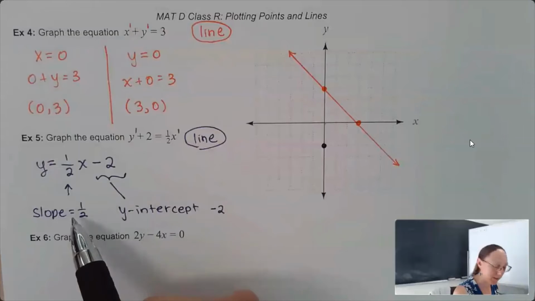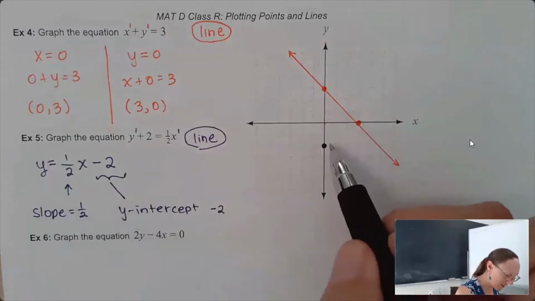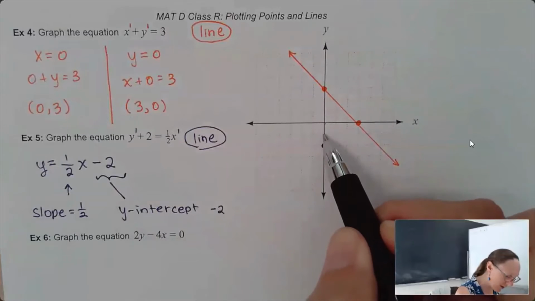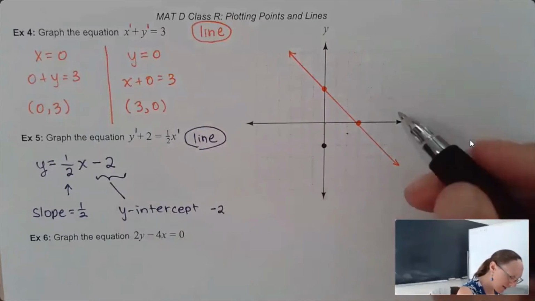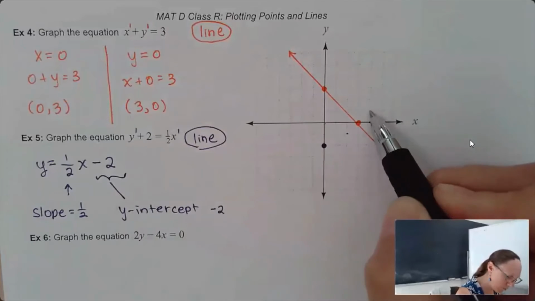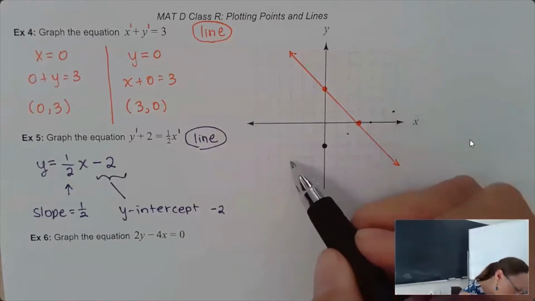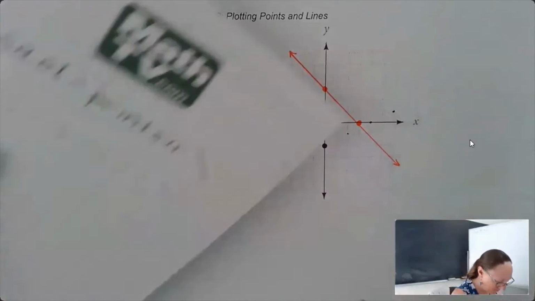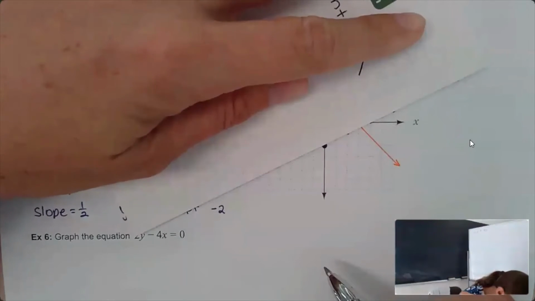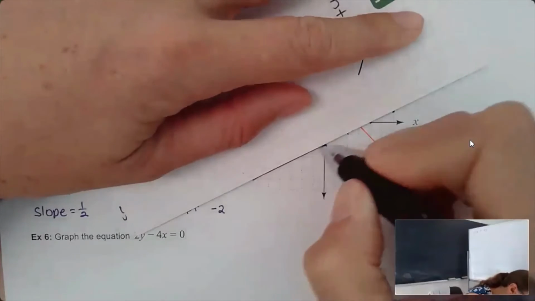So this slope of 1/2 says up 1, 2 to the right. So if I start at this point and I go up 1, 2 to the right, and I keep doing that, up 1, 2 to the right, up 1, 2 to the right, we're going to end up drawing in a line that looks like this.